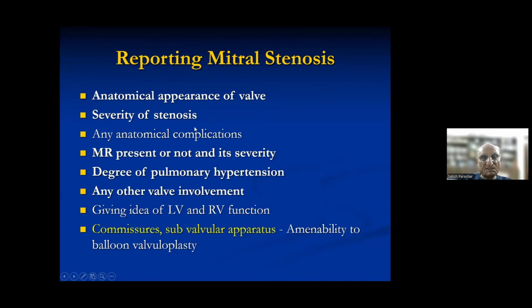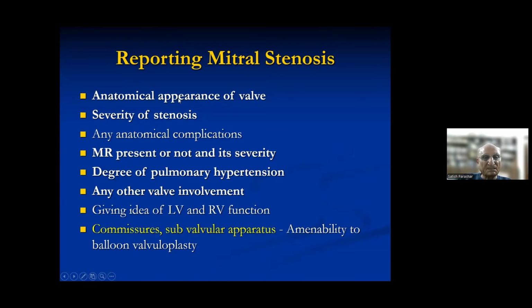And how do you report? You always give the anatomical appearance of the valve, whether it's thickened, whether it's fibrosed, whether there is calcification. Always give the severity of the stenosis, mild, moderate, severe, any anatomical complications, MR present or not, and its severity.